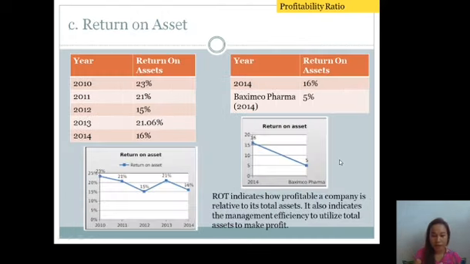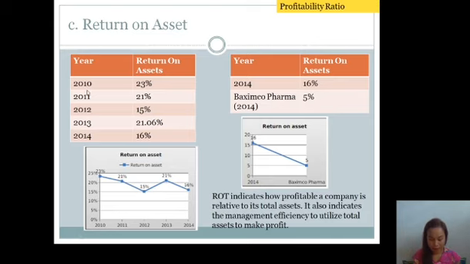And then the third one is return on asset, ROA. Return on total assets indicates how profitable a company is relative to its total assets. So it also indicates the management efficiency to utilize total assets to make profit.